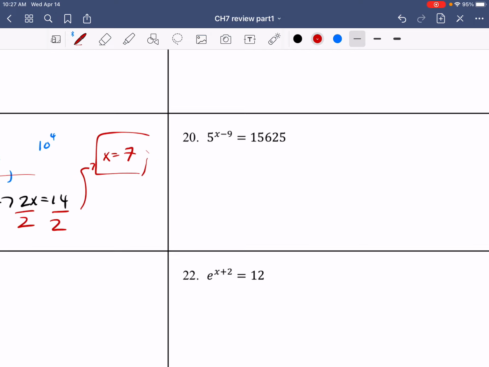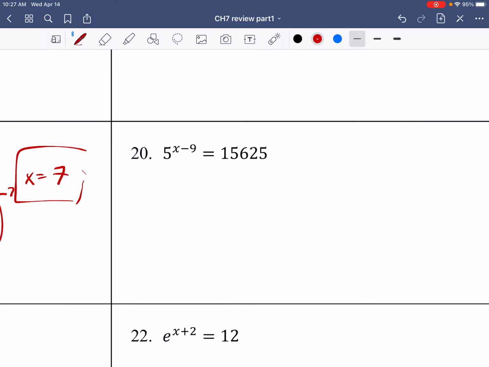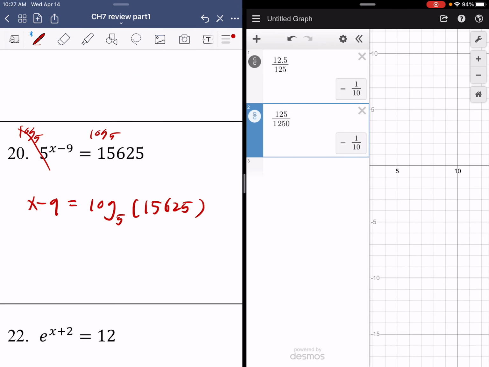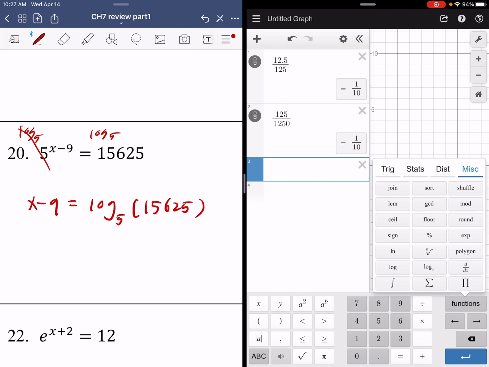Let me try question number 20. Yeah, log base 5 both sides. So it's gonna be x minus 9 equals log base 5 of 15625. What is 15625? I don't know. So I'm gonna use the calculator.